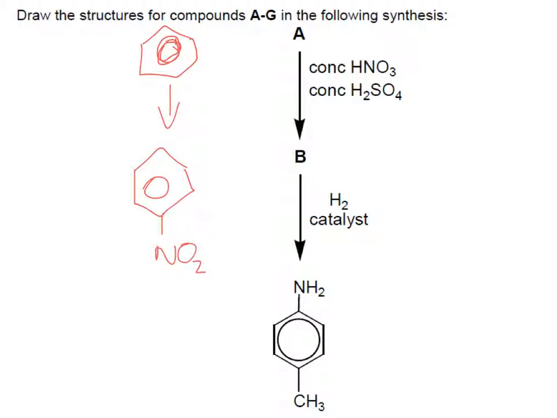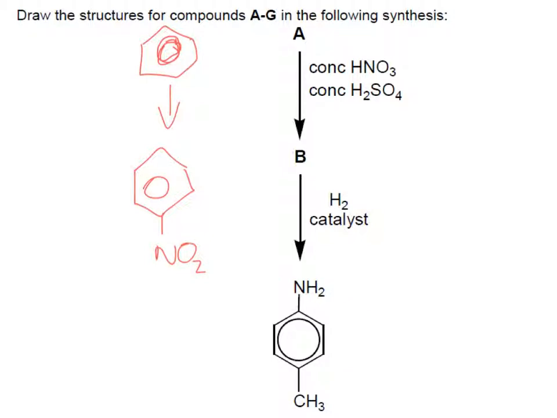That forms nitrobenzene. Now, in the second stage of this reaction, we're using hydrogen and a catalyst, and you can see that we're producing our amine group here. So that is a reduction reaction, and all that is happening is you're turning the nitro group into the amine.